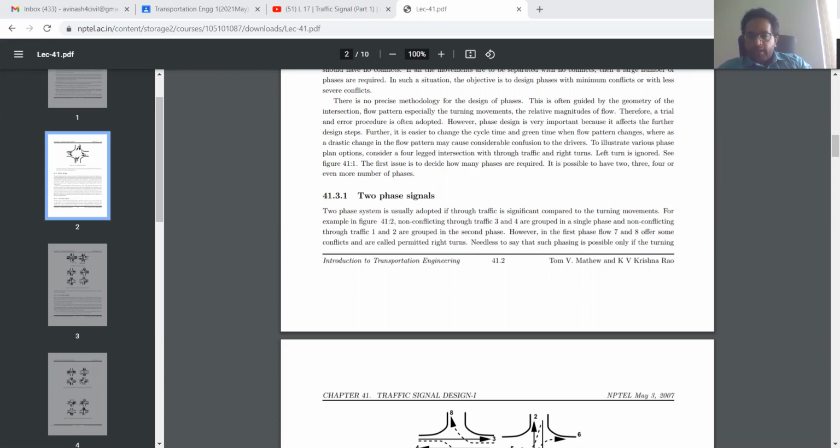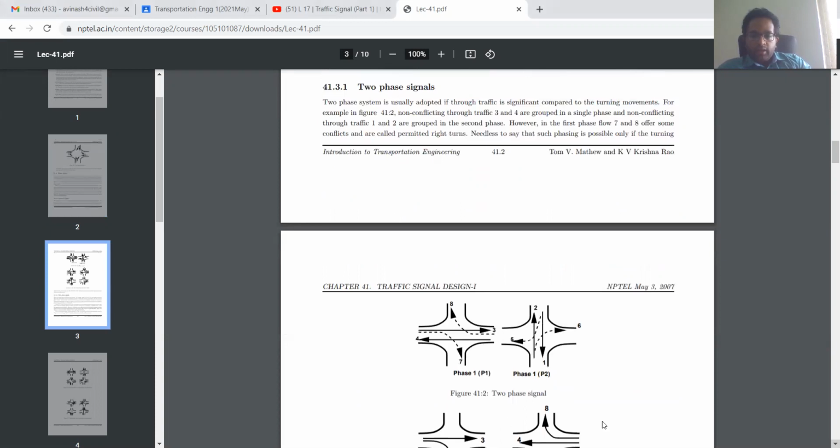Now observe this figure. In this figure, this is showing a two-phase signal. This is phase one and this is phase two. Here you can see that in phase one, the traffic movement 3 and 4 are non-conflicting movements because there is no chance of conflict occurring in these two directional movements, traffic 3 and traffic 4.